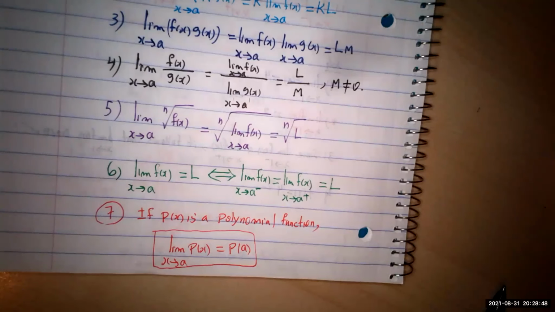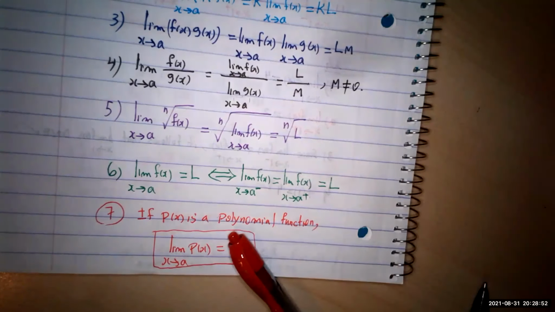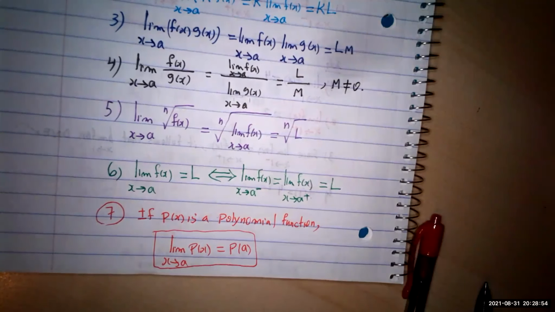If you get a polynomial, when you apply this theorem, you end up with something like the limit of x as x goes to 2, which is 2. So if you have a polynomial, you can use this fact and nicely substitute to get the result. If you have anything else, you have to use the other parts of this theorem. So that's the computing theorem.